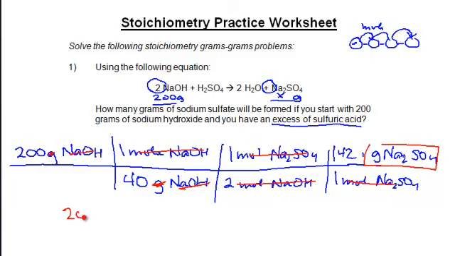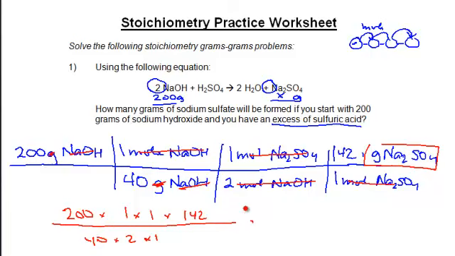So I have 200 times 1 times 1 times 142 divided by 40 times 2 times 1. So if I take 200 times 142 and I divide it by 80, I get 355.